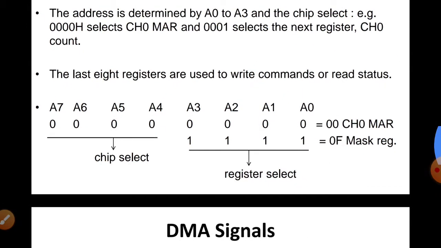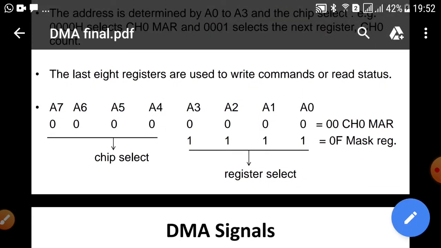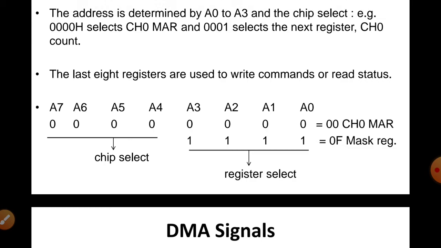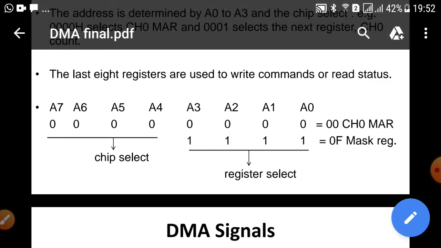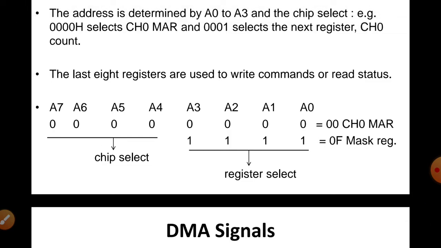So that is why A4 to A7 is 0, and when A3 to A0 is 0000, it gives the address 00 for the channel 0 MAR, and for 0001 it will give 01, that is the channel 0 count register. Similarly, when the value of A0 to A3 is 1111, it will give the address 0F for the mask register.